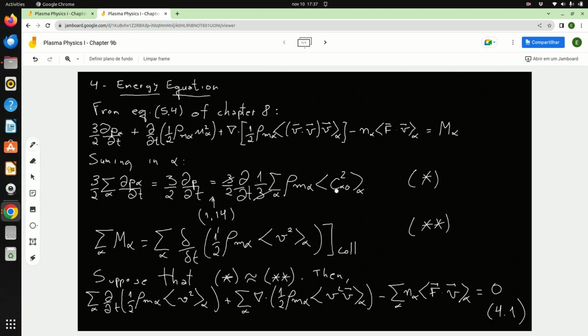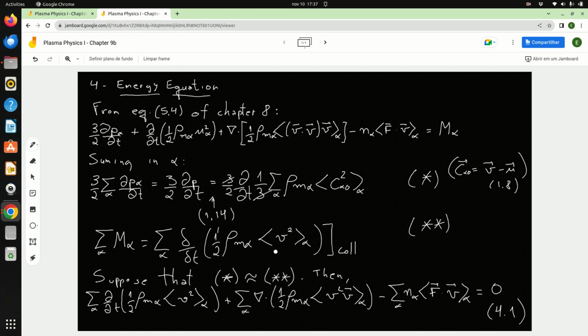Just here we're using this quantity, where we know that C alpha 0 is actually V minus U. This is a fluctuation, from 1.8. So this is a fluctuation velocity, and this is the particle velocity.